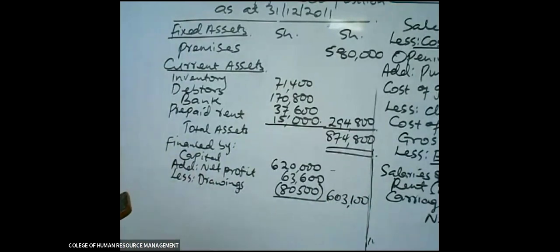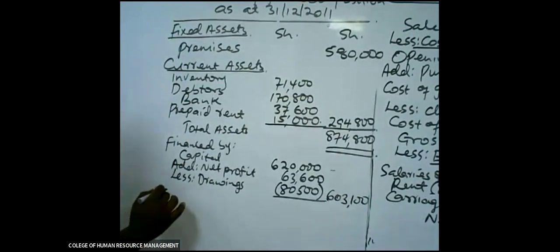Do we have a bank loan? We don't have, so we don't have long-term liability. Then you have the current liabilities.